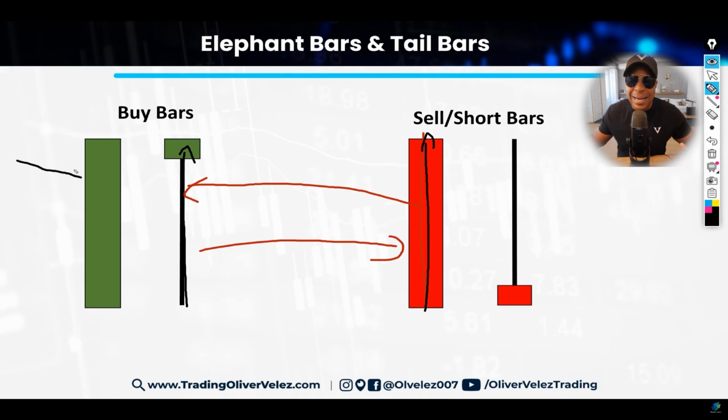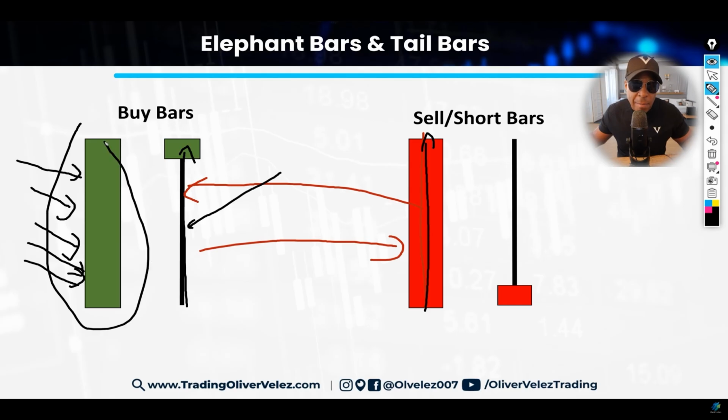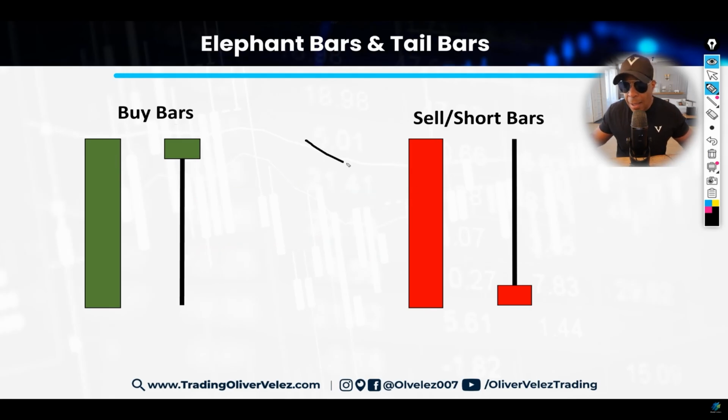This is the domination bar. This is just the buyers dominating. The bulls are dominant. That's domination. This is comeback. So comeback and domination. Those are the two bars. Then you have it on the weak side. The bears are dominating.